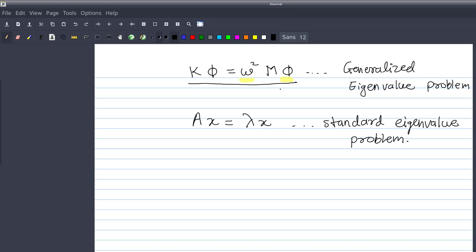So that means in the generalized eigenvalue problem, we know K and m, these are the only things we know, and we have to find some set of vectors phi, such that if that vector phi is transformed using the matrix K, then the transformed vector still remains in the same direction.